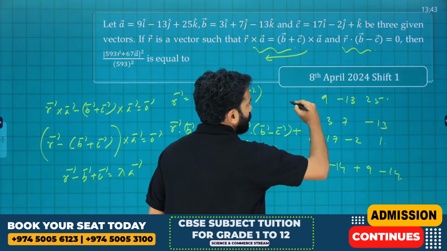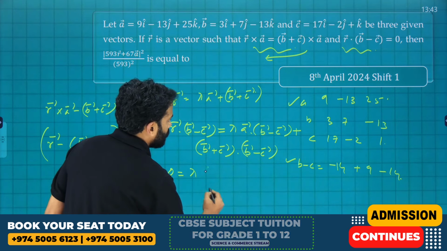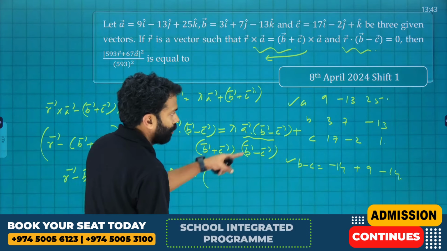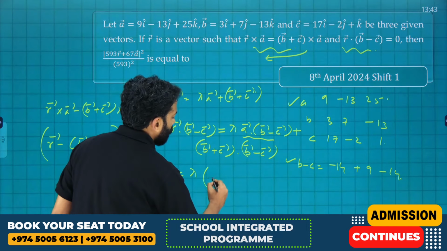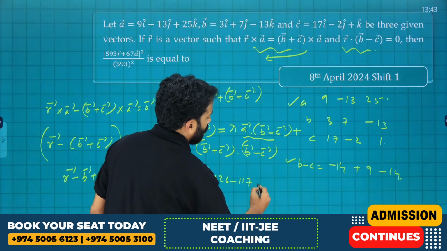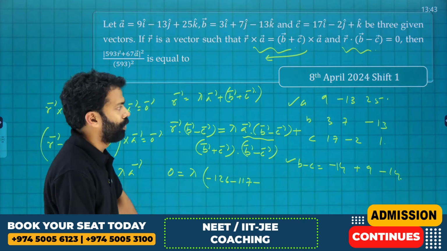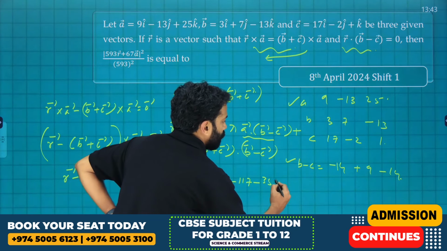Then multiply this with a. So what is 9 into minus 14? I have formulated b minus c, and I am dotting it with a. That is minus 126, minus 117 and 25 into 14, 350, minus 350.